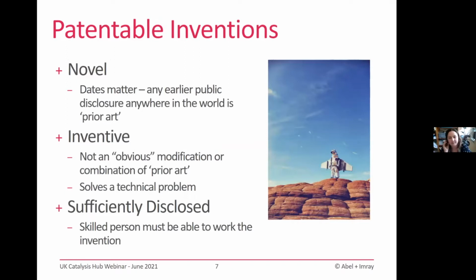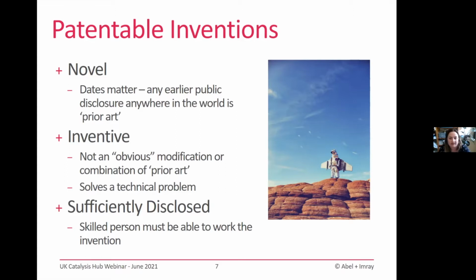So you might remember this slide from the talk back in November, but I've put it in again because it's really important and key to the patenting process. So in order for an invention to be patented, it has to be novel, it's got to be inventive, and you also have to sufficiently disclose it. So novelty means that the invention is different over anything that's already known.